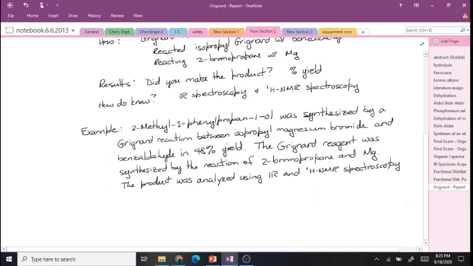A few things to note here. First, when you are writing a name, the locant, something like this 2 in the 2-methyl-1-phenylpropan-1-ol, tells a location of that substituent. These are not capitalized.